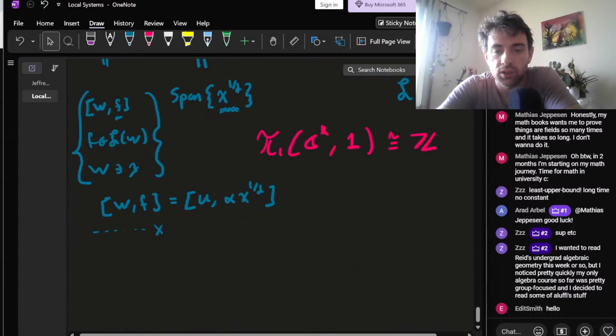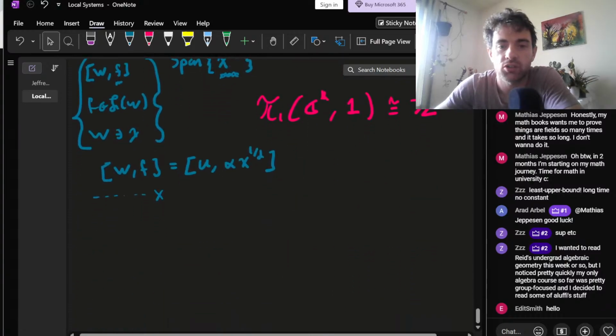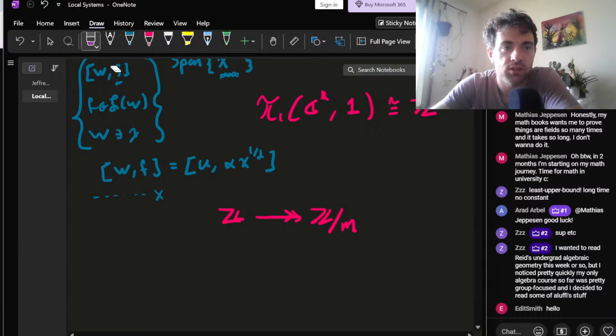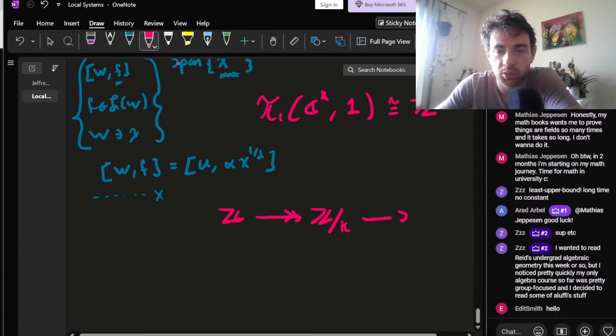So definitely, what are our irreducible representations? Well, certainly we have our characters of this group, and we have ones of the following form for each M. We have the quotient to Z mod K, just to avoid any of the symbols up above.